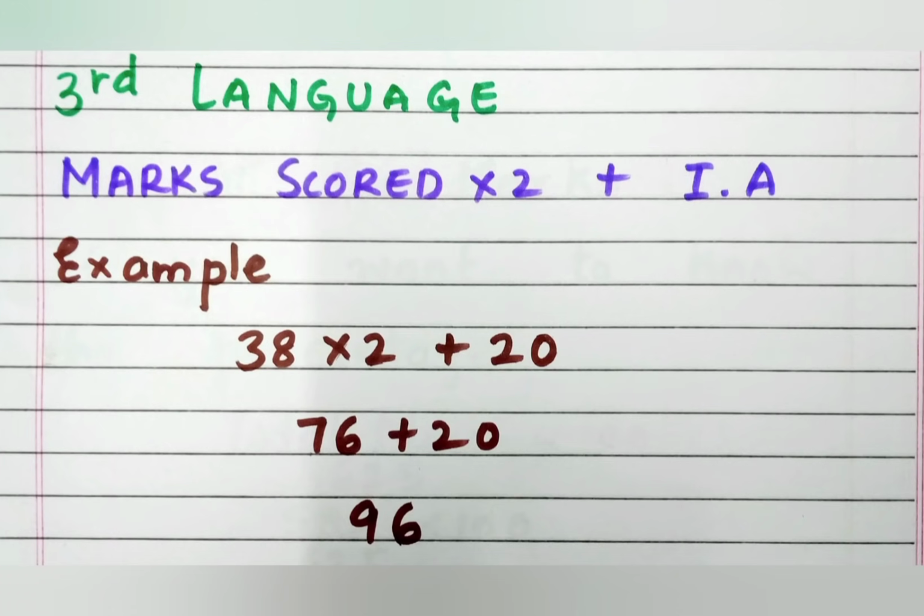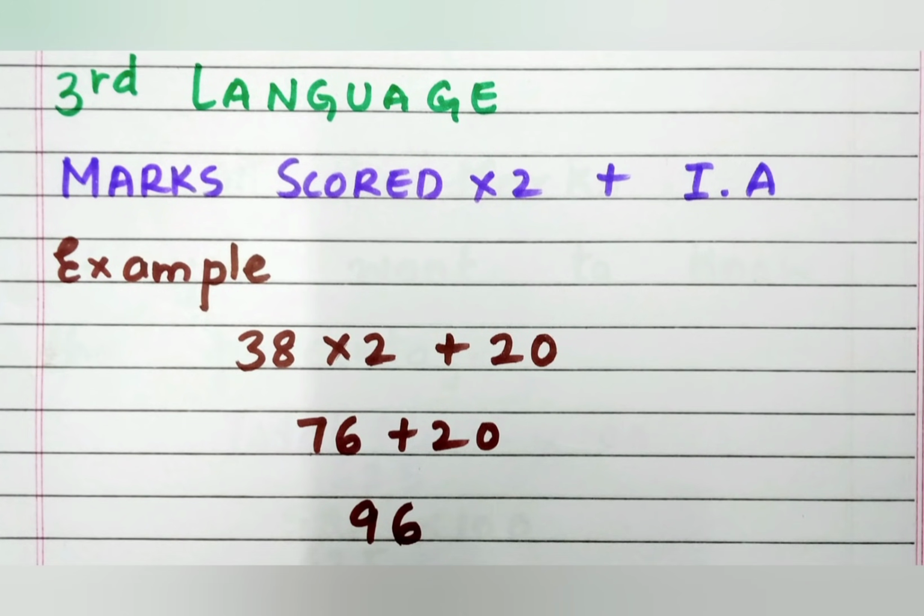Do watch. The formula for third language is also the same. Whatever the marks scored by you out of 40, multiply by 2 plus add the internal marks scored by you. Internal marks will be given by your respective subject teachers from the school.